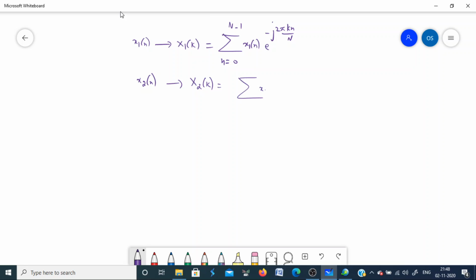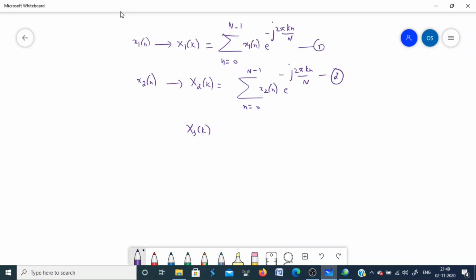And how do you get it? Suppose I take two sequences, x1(n), which has an N-point DFT X1(k), that is the summation for n from 0 to N minus 1 of x1(n) e raised to power minus j 2 pi k n by N. And the second sequence is x2(n) of length N, and the DFT of this will be the summation of x2(n) e raised to power minus j 2 pi k n by N. This is the DFT of the first sequence, this is the DFT of the second sequence, and I multiply the two DFTs together.